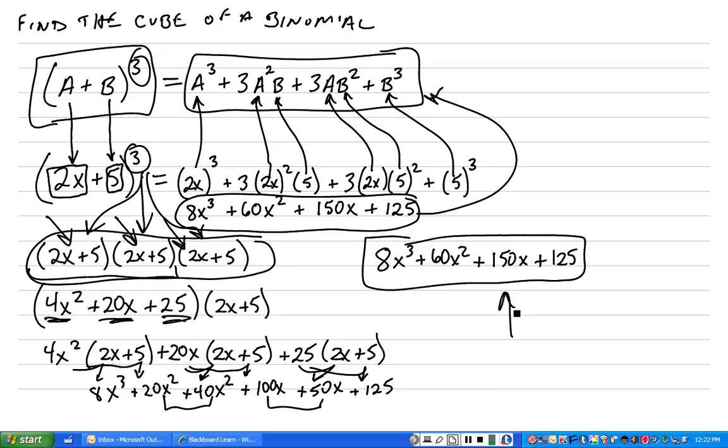So it's not a big deal if you don't memorize this particular formula. You still get to the same place. Alright, so let's try the next one.